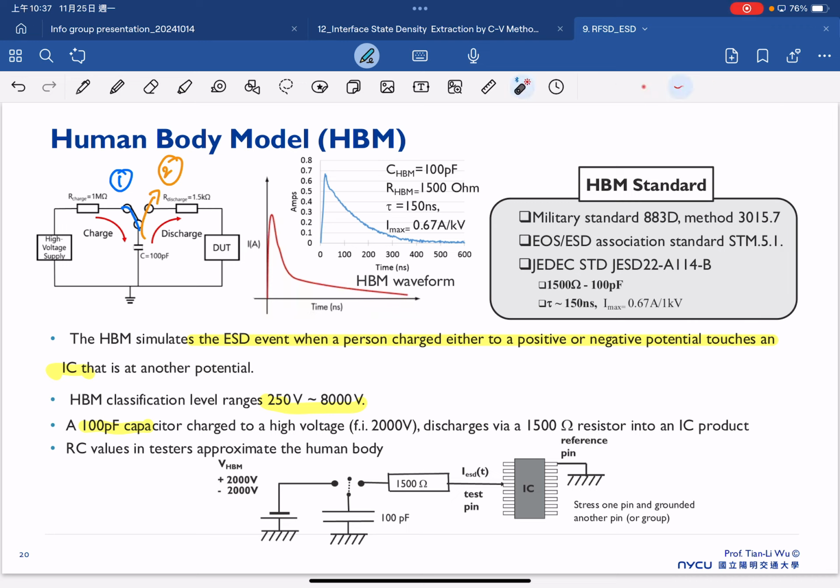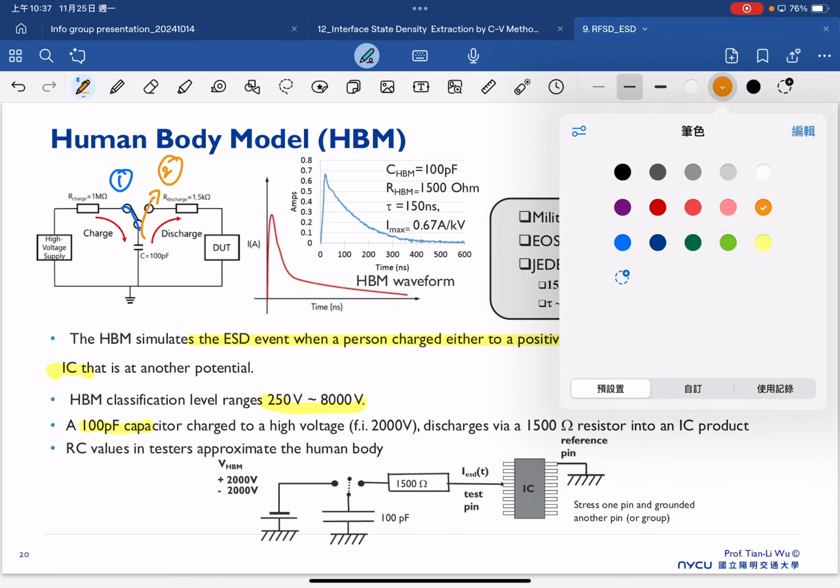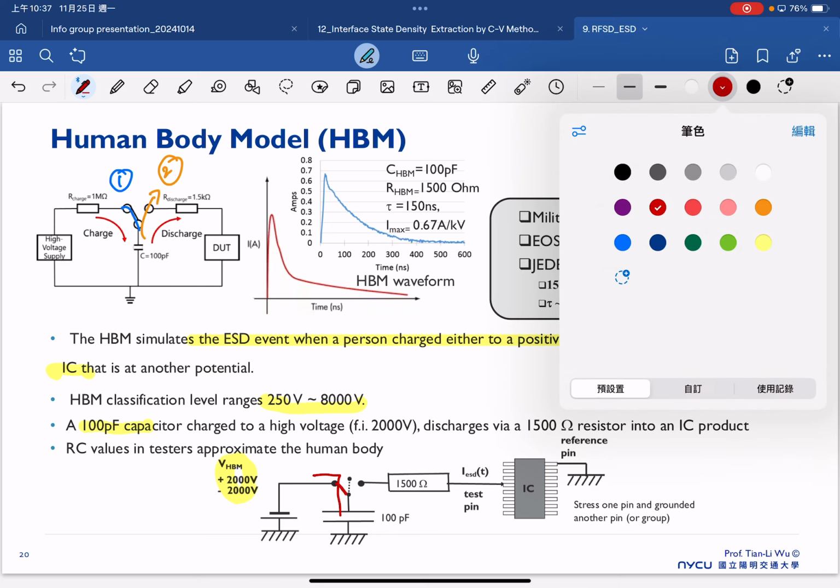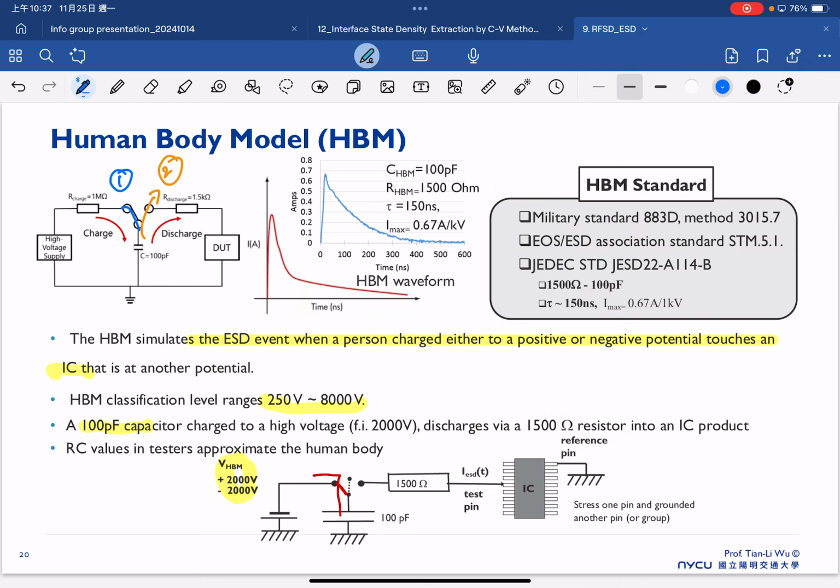An example is also shown here. First, we supply 2,000 volts, either positive or negative, and charge the capacitance. Later, once the capacitor is charged, it will start to discharge to our IC, on the different pins. As you know, once we package it, we have so many pins, and each pin to pin needs to be verified by the ESD event.